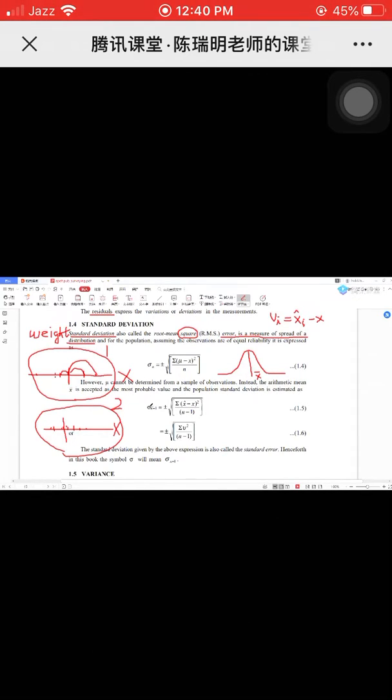I just care about the average. On average, what's the standard deviation? On average, what's the error? So in this case, you divide by n here. So take a look. Here you have a mu, over here mu over here. This mu is a population mean. Population mean. Do you know that?